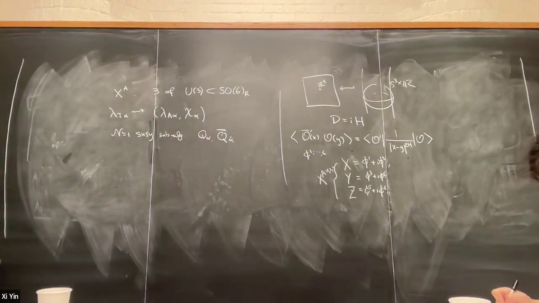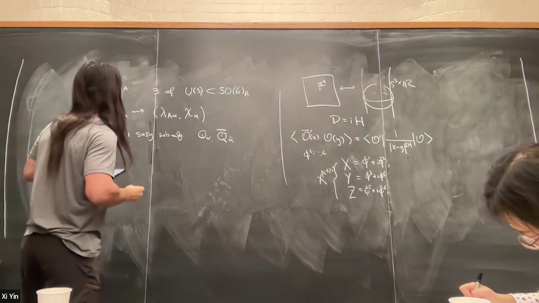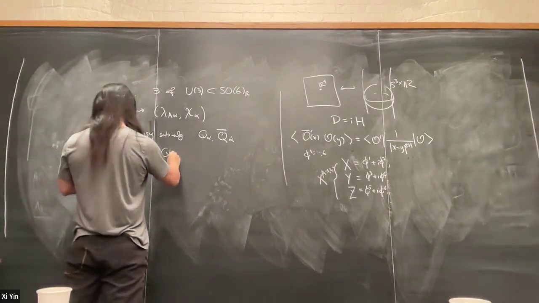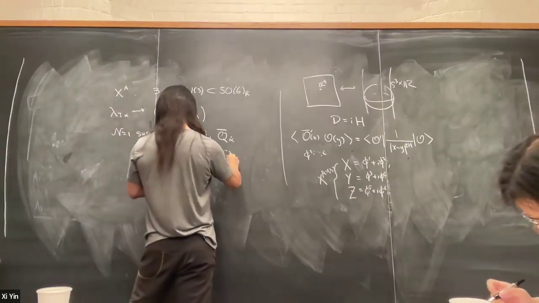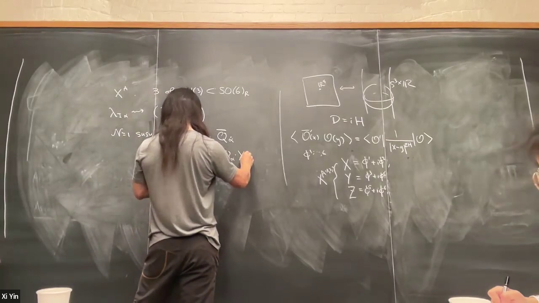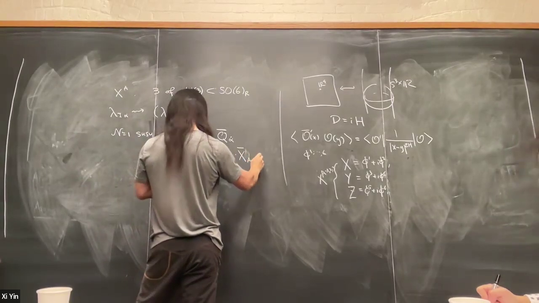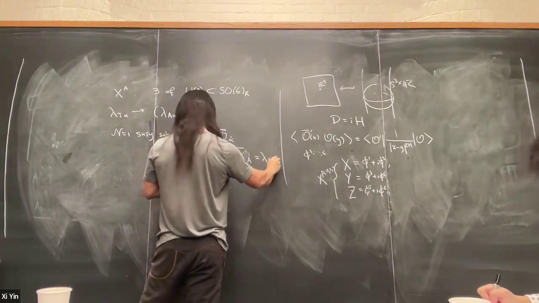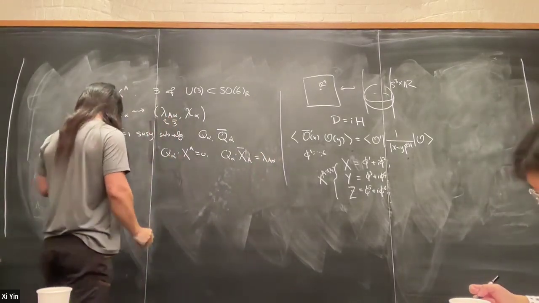These are one out of the 4 supercharges, and these are singlets under this U3. So Q alpha annihilates X_A, and Q alpha acting on X_A bar, which will have a lower index, is in the 3 bar in this notation.